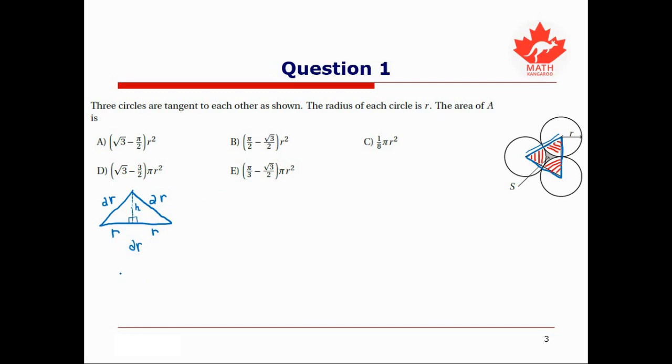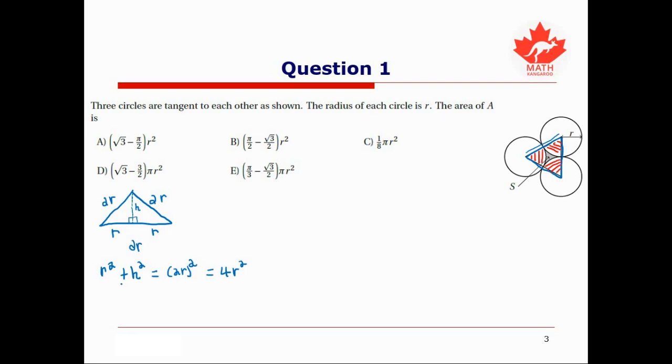Now that we have a right-angled triangle, we can apply the Pythagorean theorem. So this tells us that r squared plus h squared must be equal to (2r) squared. Now, the exponent can distribute throughout the product, so this is just 4r squared.